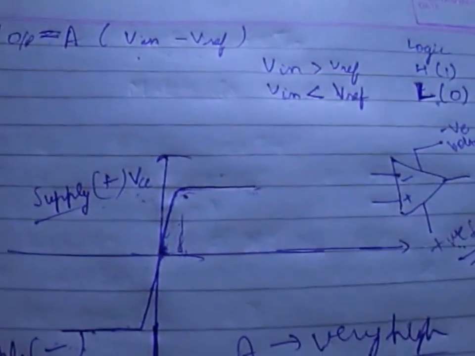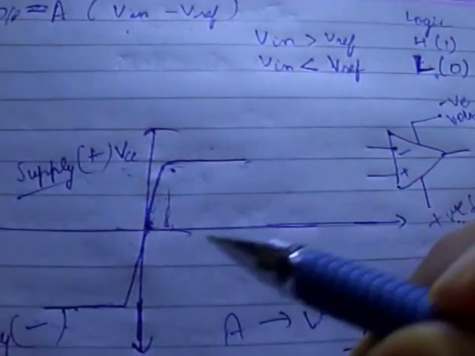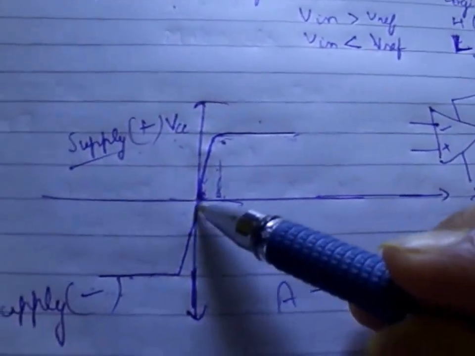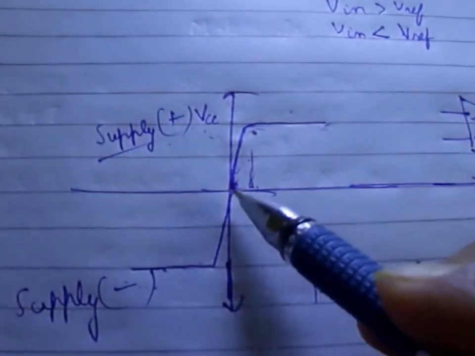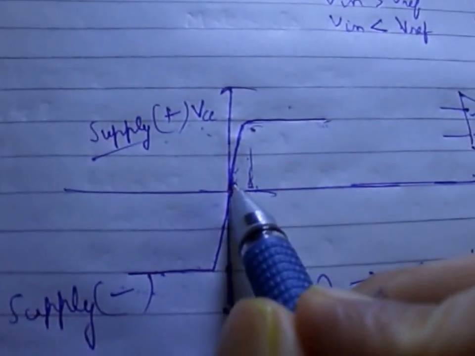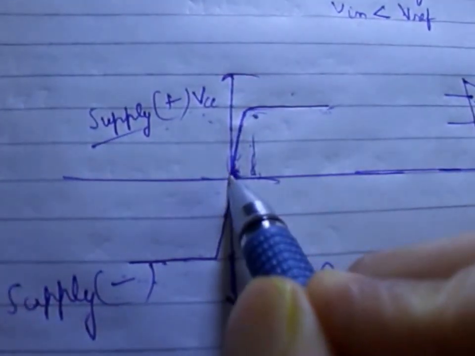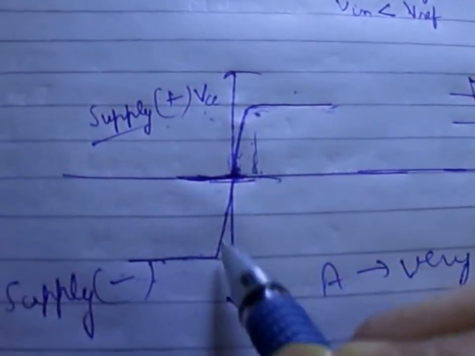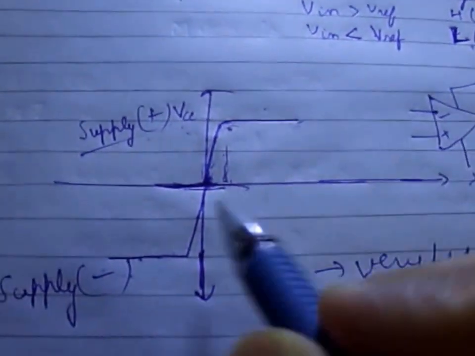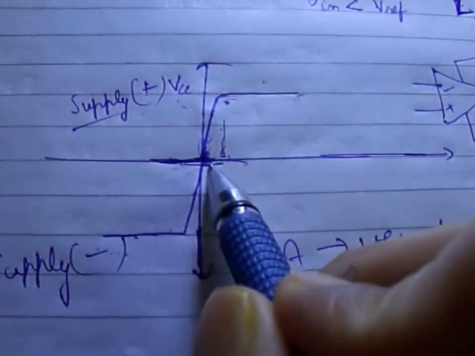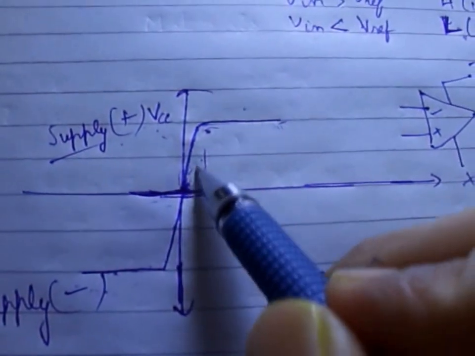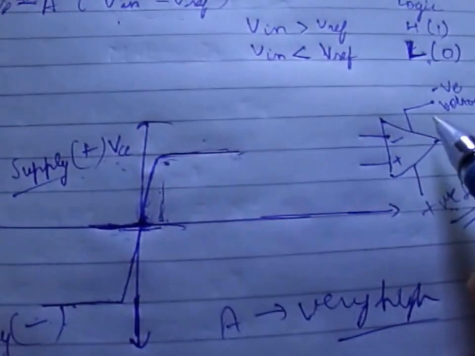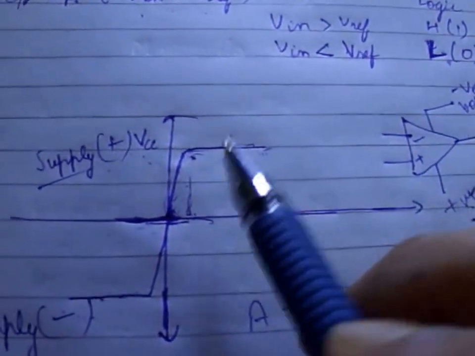So what we will do is take the negative supply as the zero potential, that is the ground potential. So this figure will be modified to this level. The logic low level will be the ground, that is 0 volts, and the logic high will be the 5 volts that we are going to give in this case.